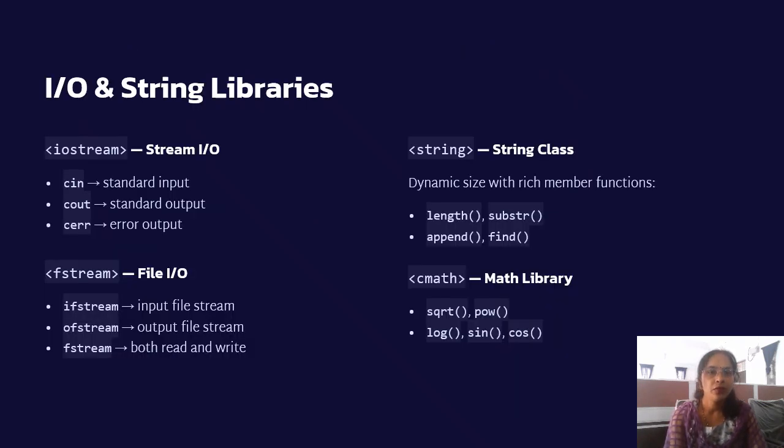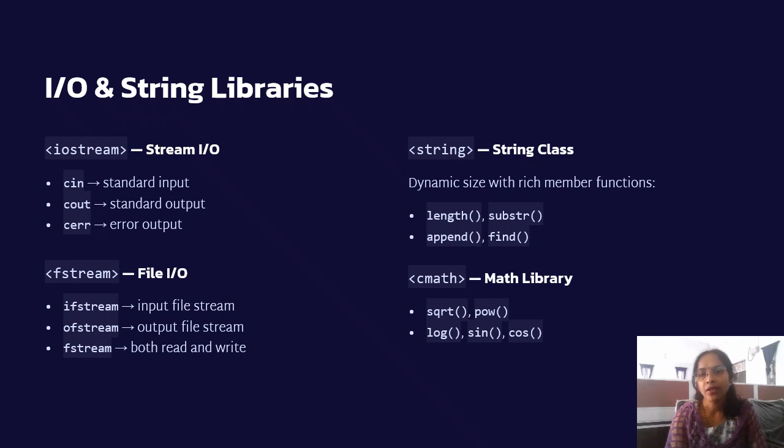Now, what are the input, output, and standard string libraries? In iostream, which is used for stream input and output, it includes cin, used for standard input, cout, standard output, and cerr, used for error output. fstream is used for file input and output. Here we use ifstream, ofstream, and fstream: ifstream is the input file stream, ofstream the output file stream, and fstream is used for both reading and writing.